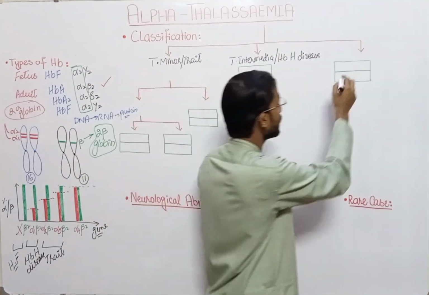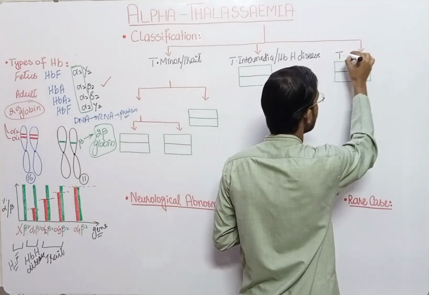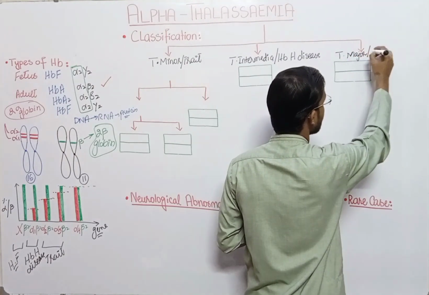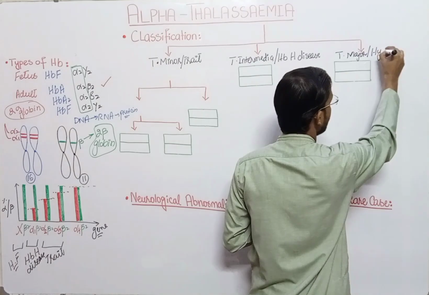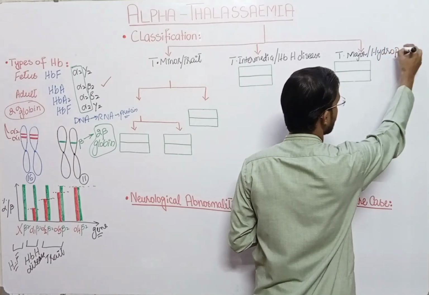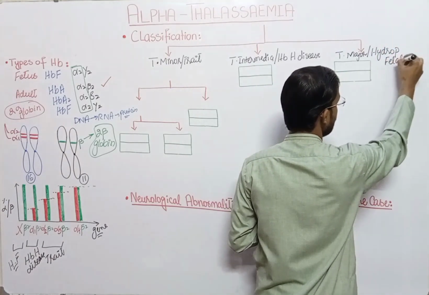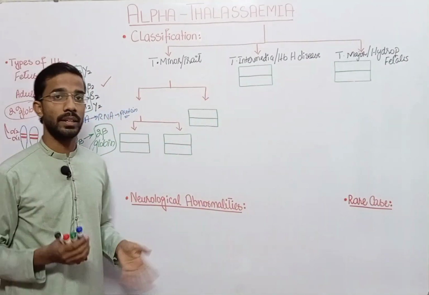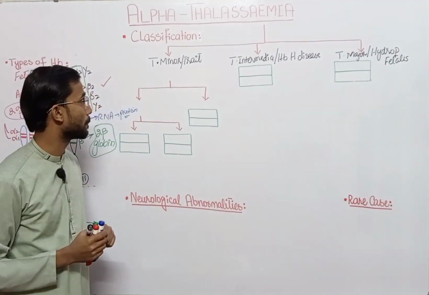And third is thalassemia major, and it is also called Hydrops Fetalis. These are the three categories of alpha thalassemia.